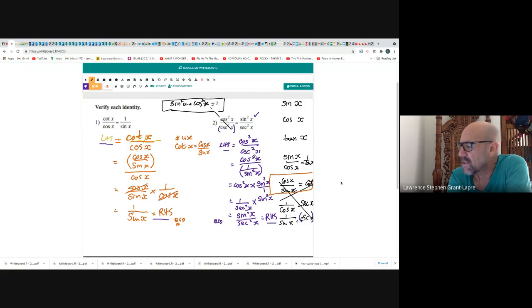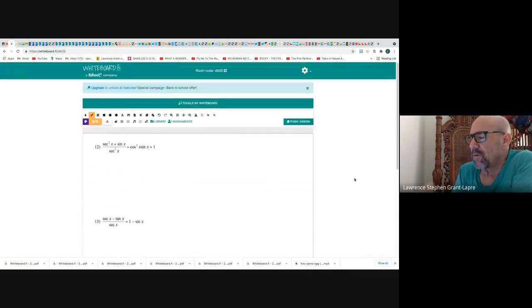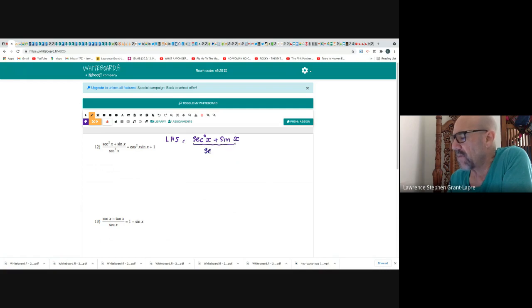Let's look at the next 2 questions. Well, we've got left-hand side, so we don't worry too much. You just write down the left-hand side equals. So we're just preparing our work. So we start with left-hand side equals. And now we start replacing.